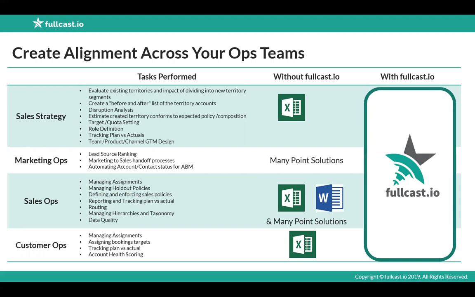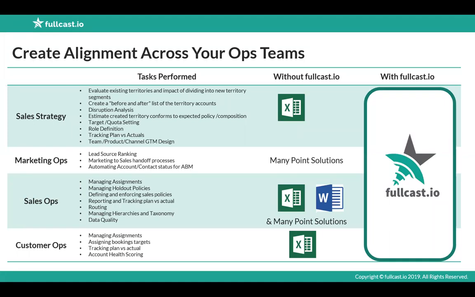Or what are the rules around holdouts? What are the rules around transitions, right? Those policies that get enforced, right? That's a lot of manual work that sales ops teams are doing. And of course, a lot of that stems from the inherent lack of data quality, which is because policies are not being consistently enforced.